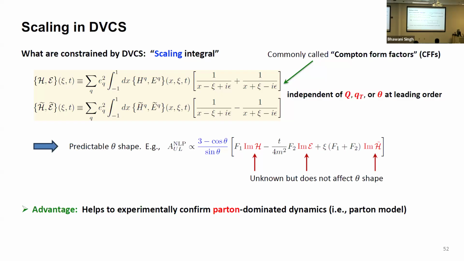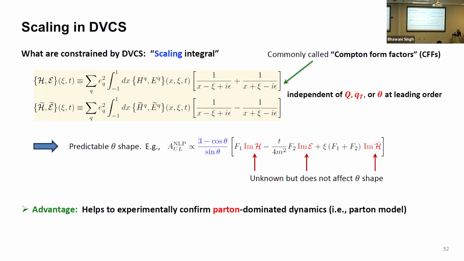And this is one example of the polarization asymmetries. They enter in this way, and they have an overall coefficient that depends on the polar angle theta. These Compton form factors are unknown, but we are sure from this expression that the theta dependence is definite. And this is something we can measure from experiments.